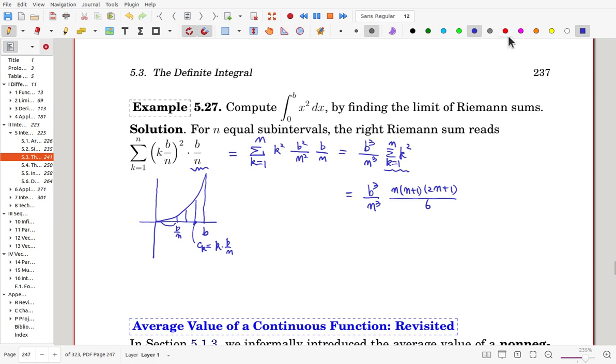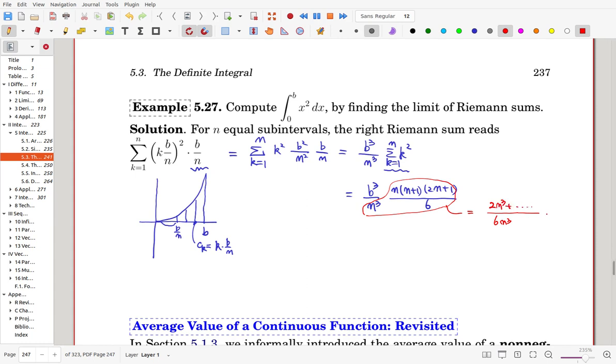Considering this portion, the bottom is 6n cubed and the top is n plus 1 times 2n plus 1. If we expand, that is 2n cubed plus lower terms.